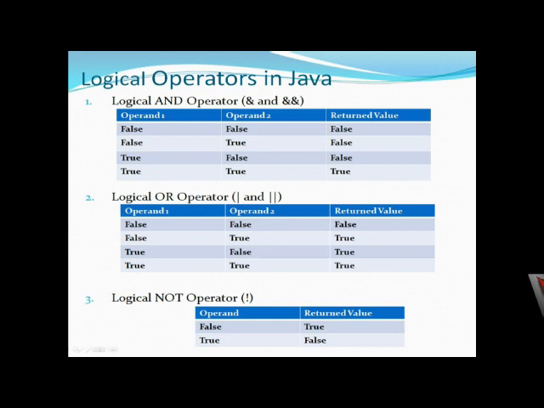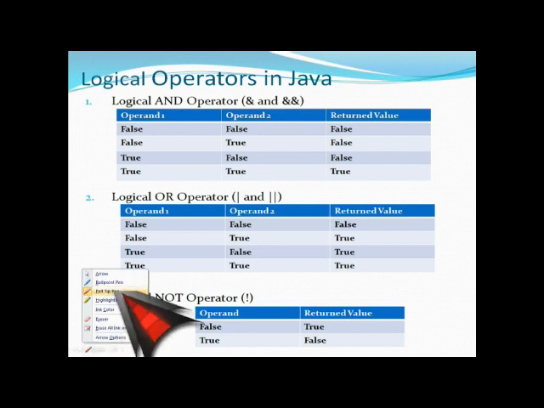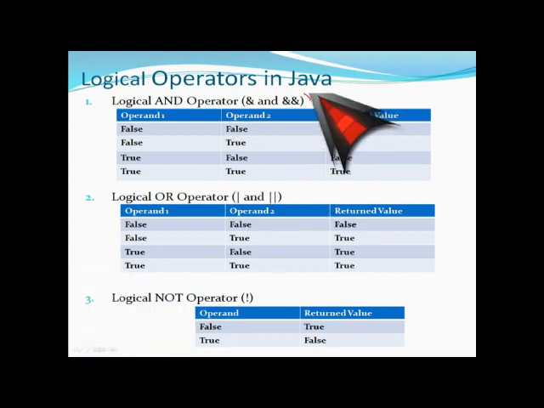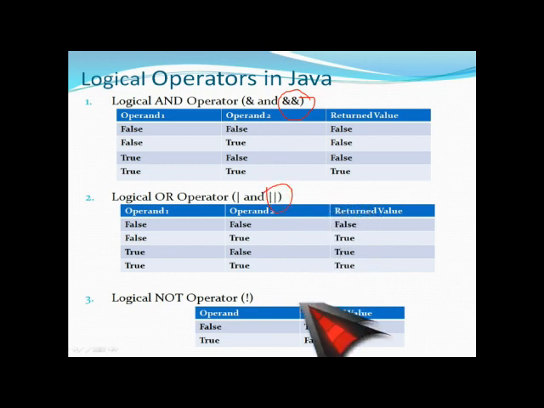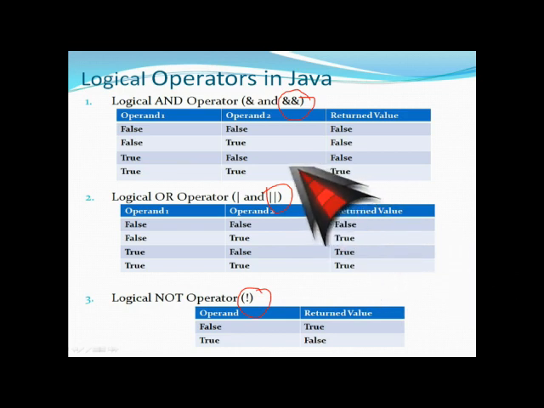Let's look at one of the most important operators, the logical operators in Java. There are basically three types: and, or, and not. And is represented by the double ampersand symbol, logical or is represented by two pipe symbols, and the not operator is represented by the exclamation mark.